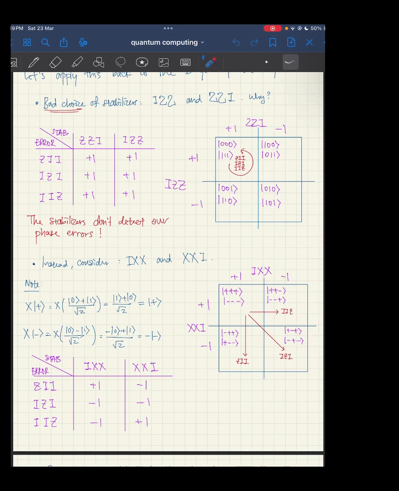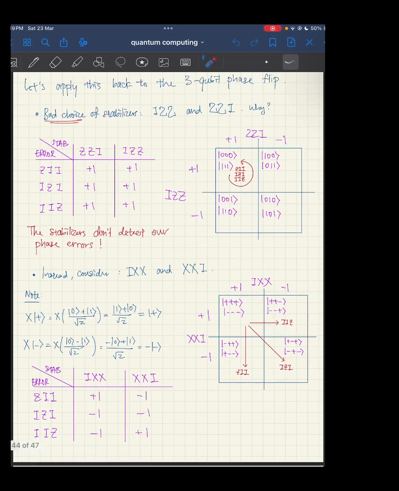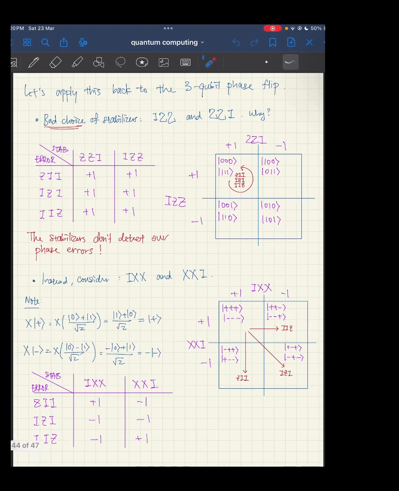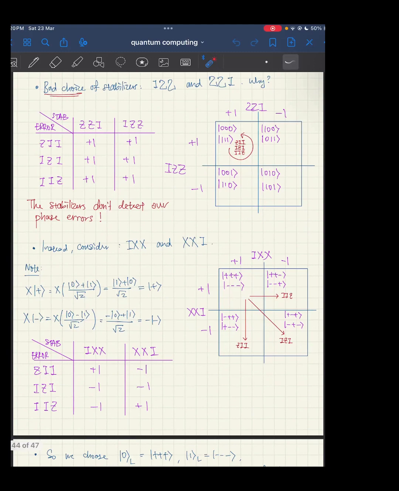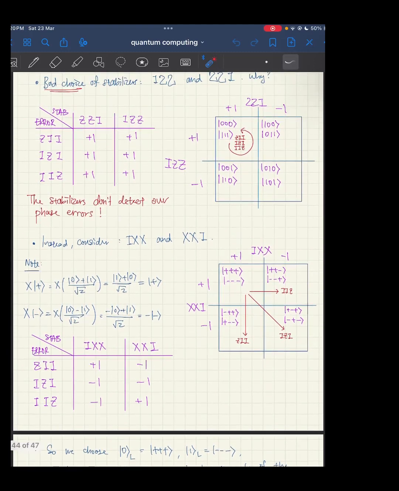The key thing to note here is that these stabilizer states are not in the computational basis, but rather in the plus-minus basis. So in this case, we want our code word to be in this +1 eigenspace. We map 0 to the plus plus plus state, and we map 1 to the minus minus minus state.